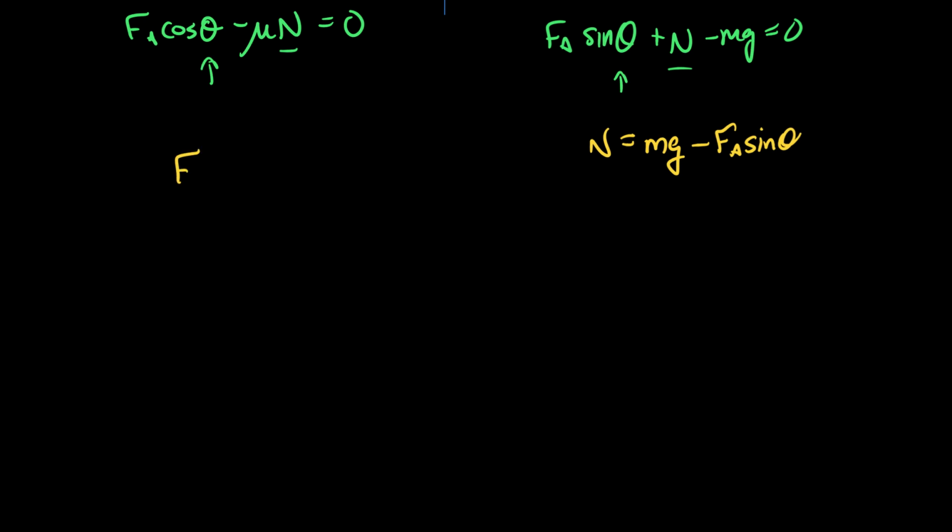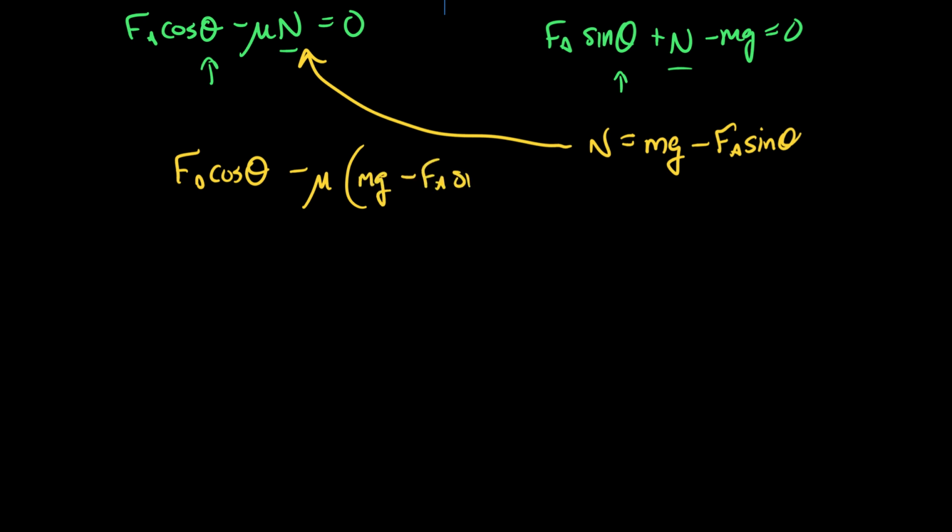So Fa cosine theta minus mu times (mg minus Fa sine theta) equals 0. Now here's where you're going to run into trouble.